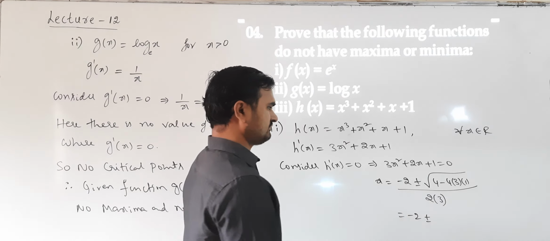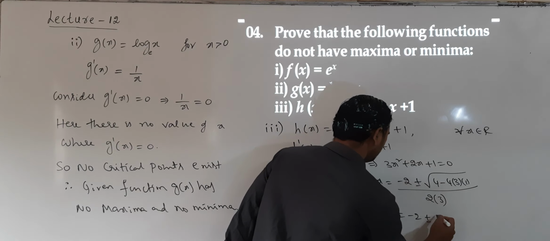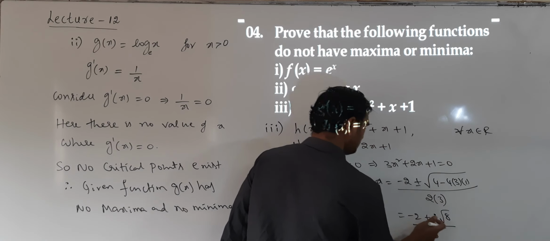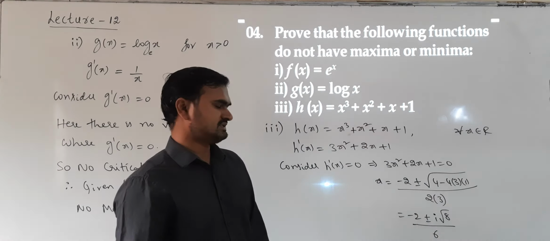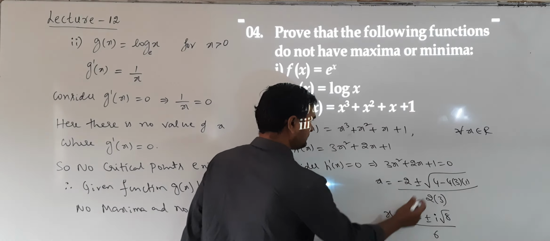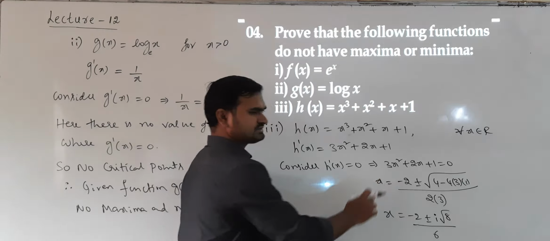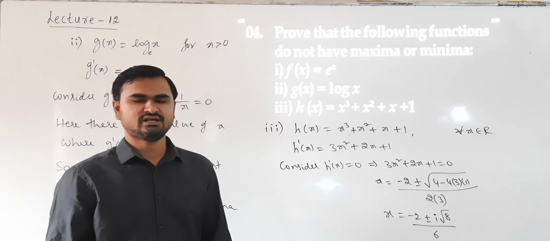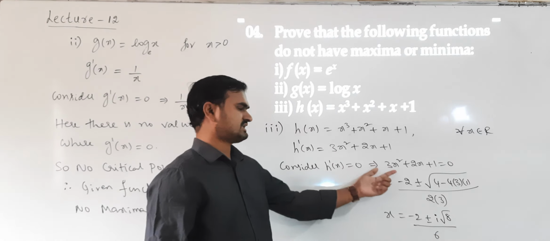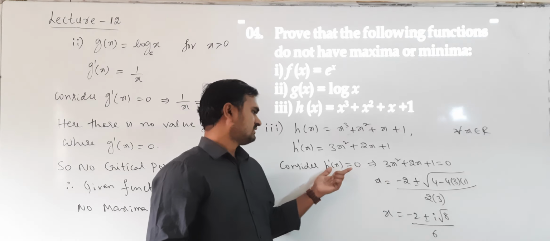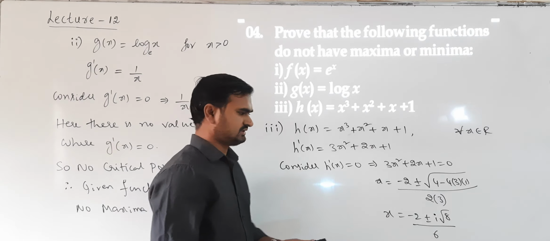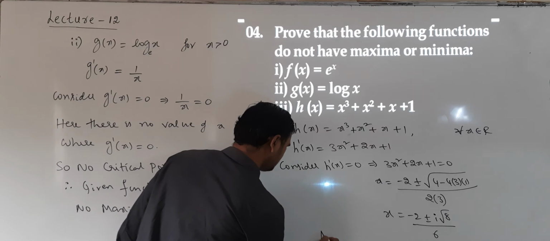So the square root of minus 8 is i root 8, divided by 6. So i root 8 means it is imaginary. We are discussing real numbers, but we are getting roots as imaginary. So is there any real value of x? There is no real value of x where h dash can be 0. So h dash equal to 0 is not possible for real numbers. Okay? So no real roots exist.